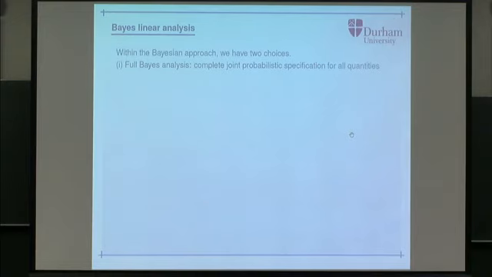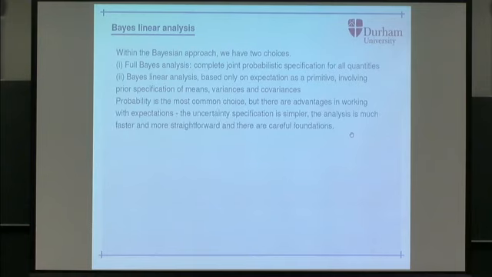You can do a full Bayes analysis based on fully probabilistically specifying everything, or you can do a Bayes linear analysis based only on taking expectation as a primitive, in which case we specify whichever means, variances and covariances we're interested in. In full Bayes analysis, you haven't got that luxury. You need all the probabilities before you have any of the expectations. For the Bayes linear analysis, we can be a lot more modest.